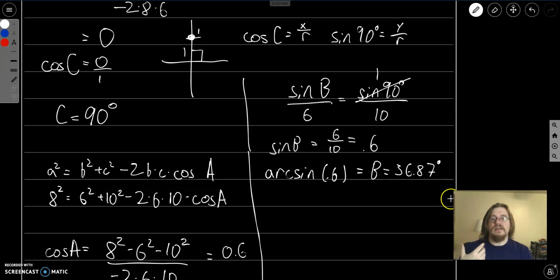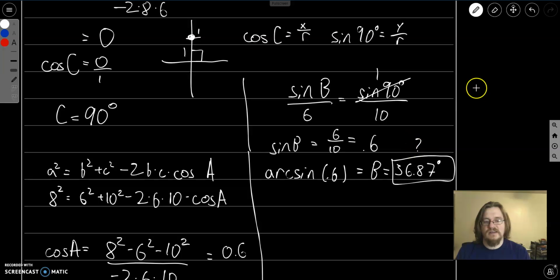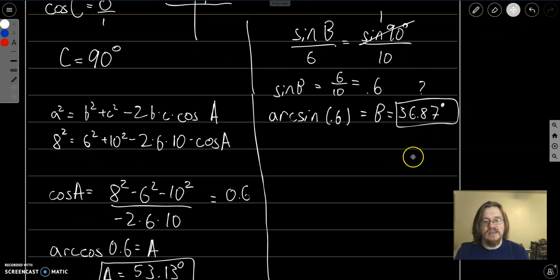And since we are in a triangle, and our angles could be acute or obtuse, there is a second possibility. Is it this guy, or is it the obtuse angle with the same measurement?